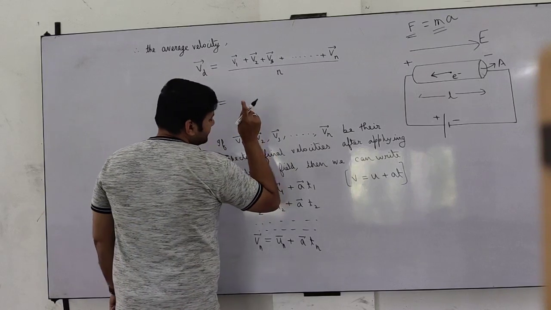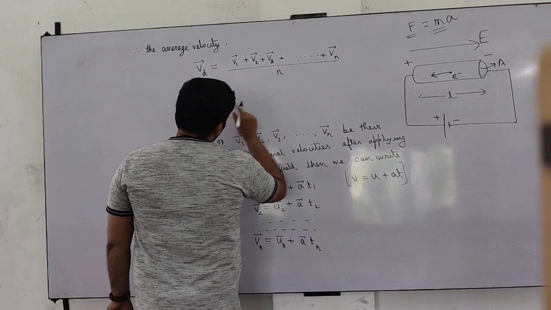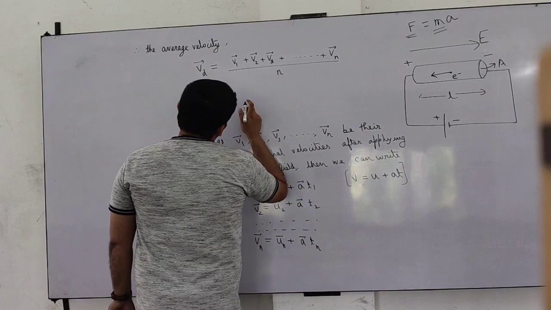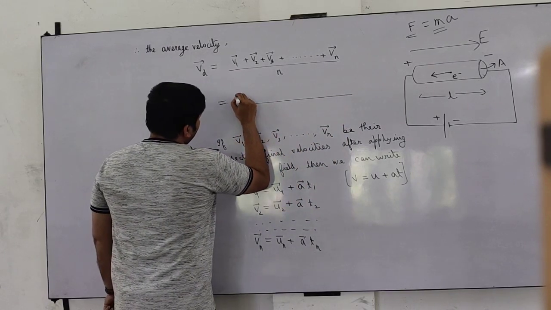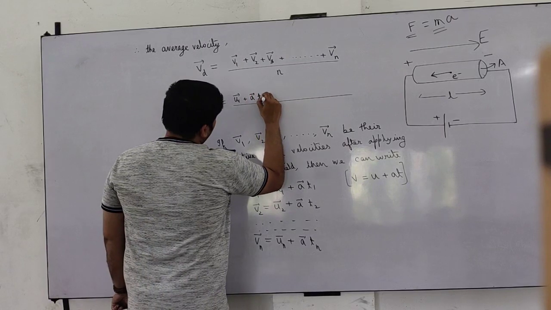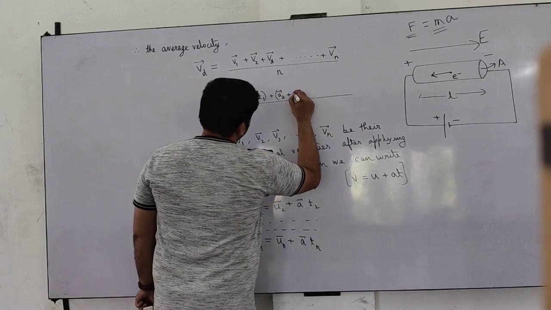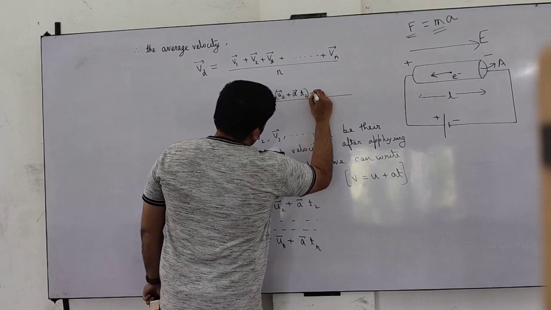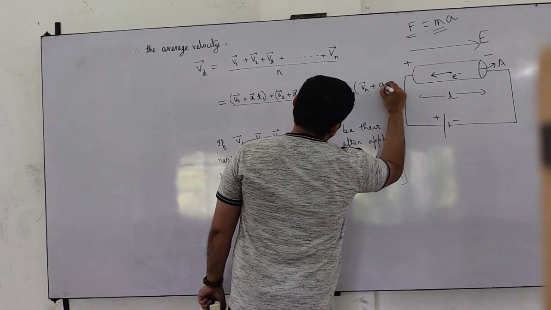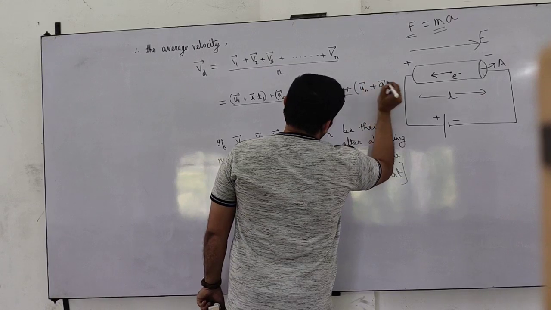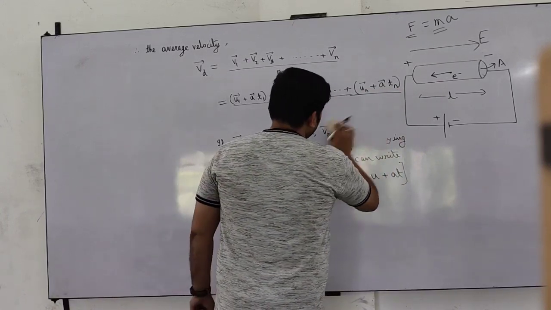Now to see, in place of v1 you can write u1 plus a t1, in place of v2 you can write u2 plus a t2, plus dot, plus vn which is un plus a vector tn, all divided by n.